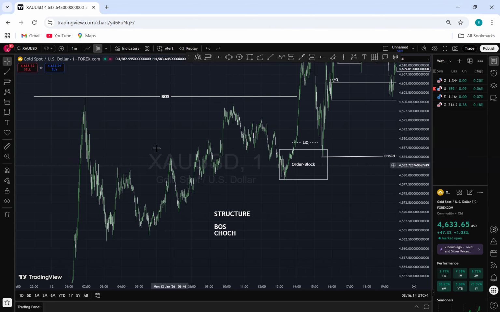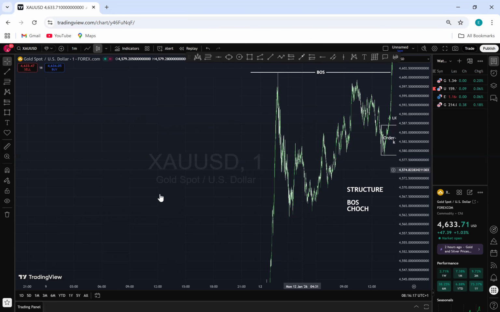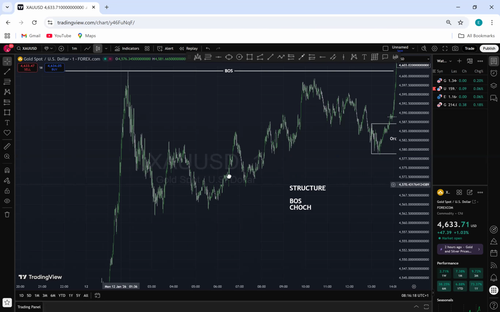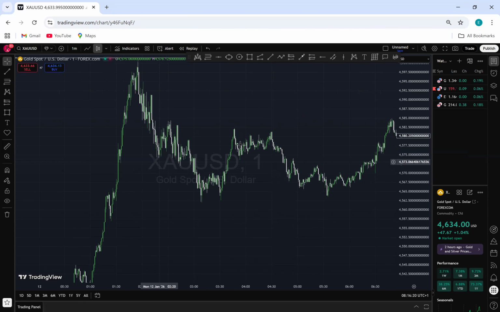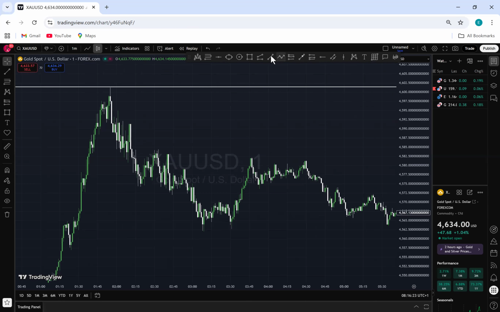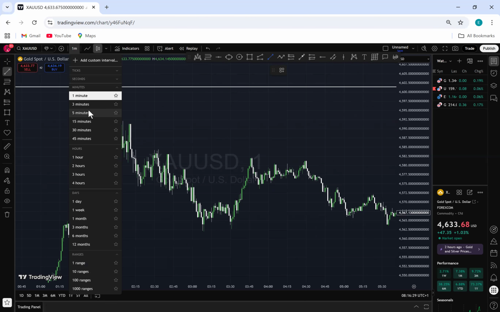Now, if we read price action from the change of character perspective, now this would be, can I go to the 5 minutes? Okay, I think we can still read from here.